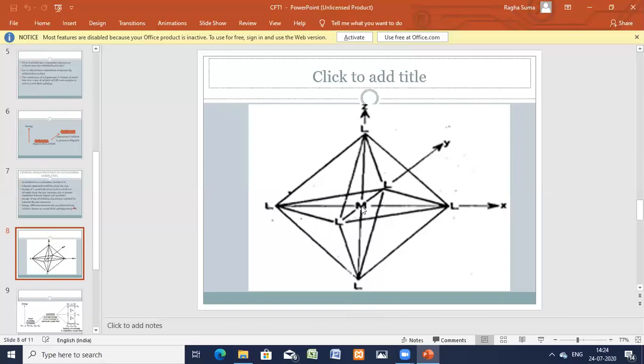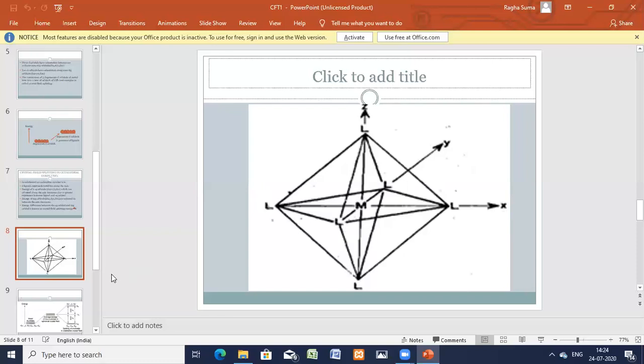So central metal atom, d orbitals are present. Now the ligands are approaching. In which way are they approaching? They are approaching along the axis. This is the main point you have to understand. Two ligands along the x-axis, two ligands along the y-axis, two ligands along the z-axis.